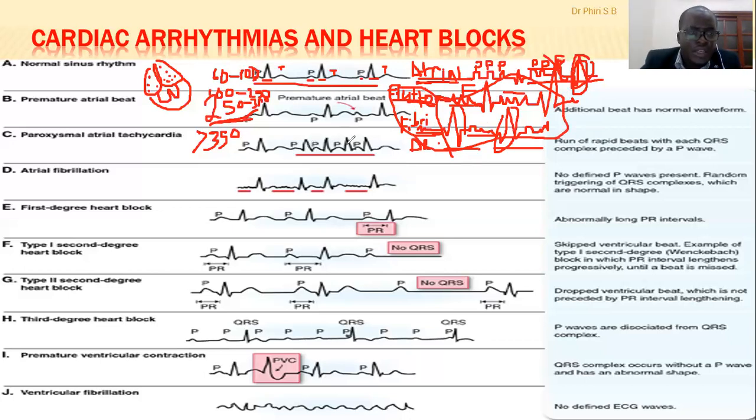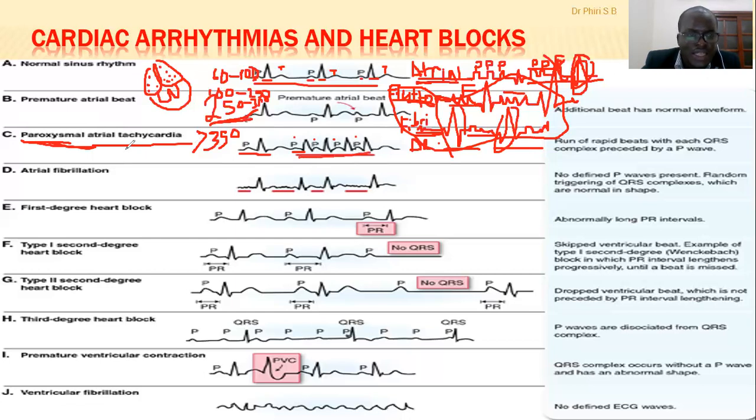Then down here, you have paroxysmal atrial tachycardia. Paroxysmal means sudden atrial tachycardia. You can see here a normal sinus rhythm, then another P wave with a normal sinus rhythm, but then you have P waves that are so close to each other that they bring about a tachycardia.